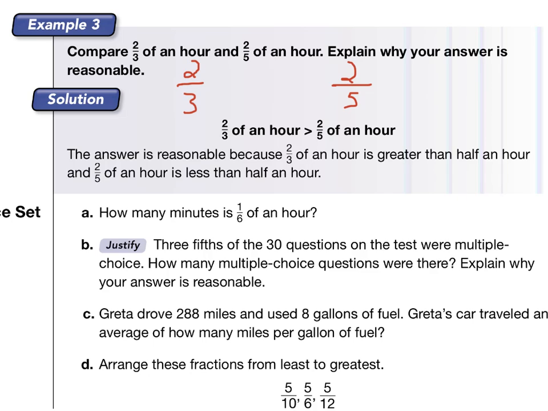The denominator is different. So let's compare 2/3 to a half. Is that greater than a half? Yes, it is. So we know 2/3 is greater than 1/2. 2/5 is less than a half. So which one is greater? 2/3 of an hour is greater than 2/5 because of comparing it to a half.